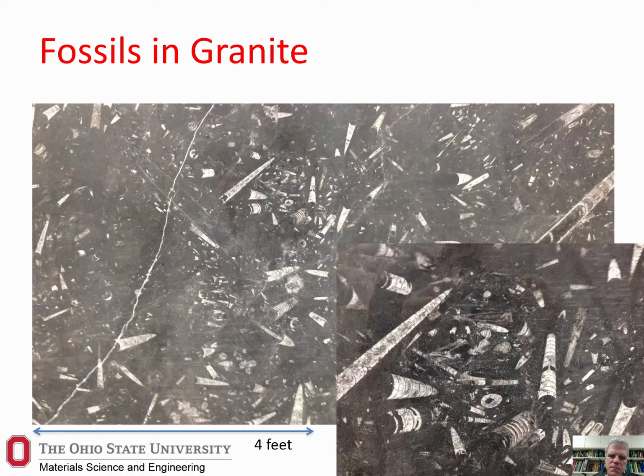That's one example. Here's another one. Again, granite and any piece of material can tell a story. This is an inset box over here, and this one has all kinds of little fossils and shells in it. This is just a blow-up of this area. This one here might be something like 10 inches. This is about 4 feet across here.